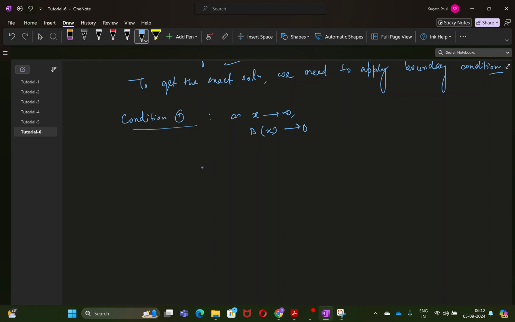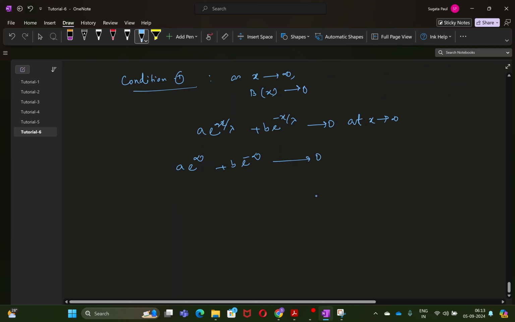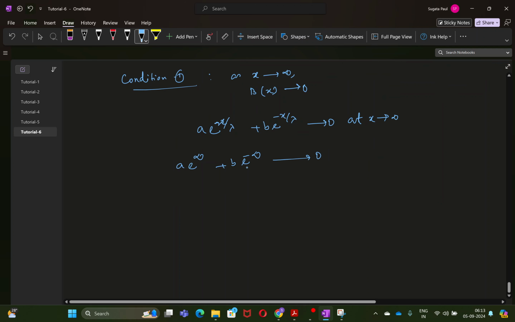That means A e to the power of x by lambda plus B e to the power of minus x by lambda should be 0 at x tends to infinity. That means A e to the power of infinity plus B e to the power of minus infinity should tend to 0. We know that e to the power of minus infinity is 0, so this term makes it 0. But e to the power of infinity actually goes to infinity.